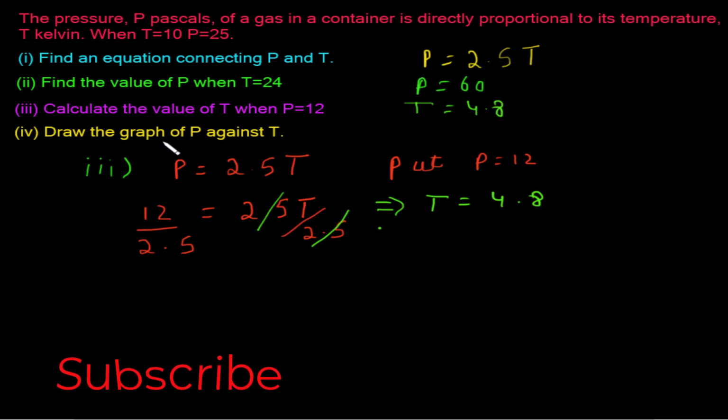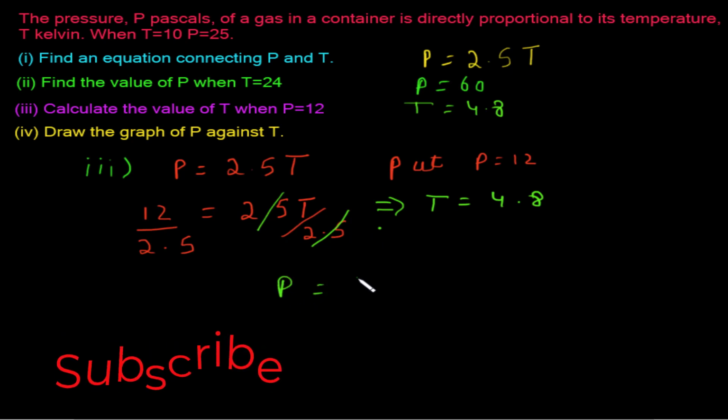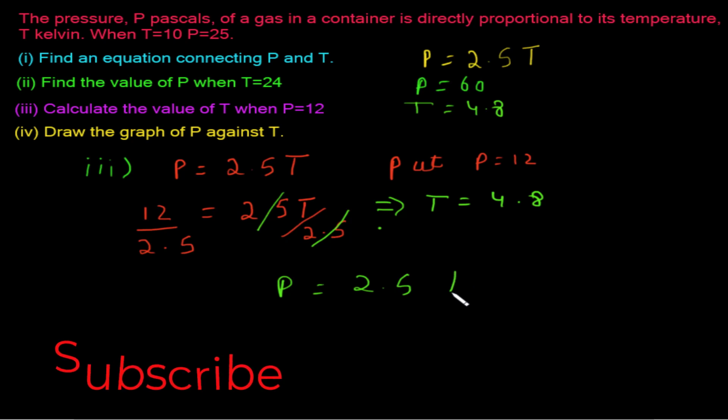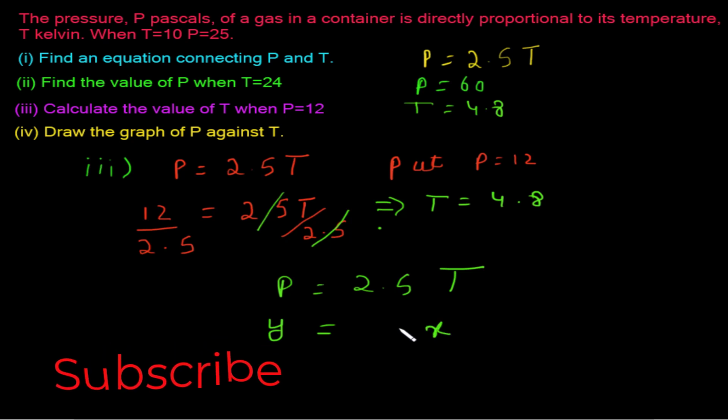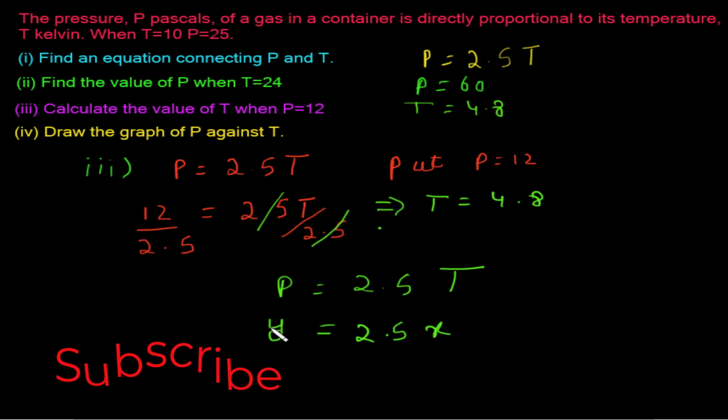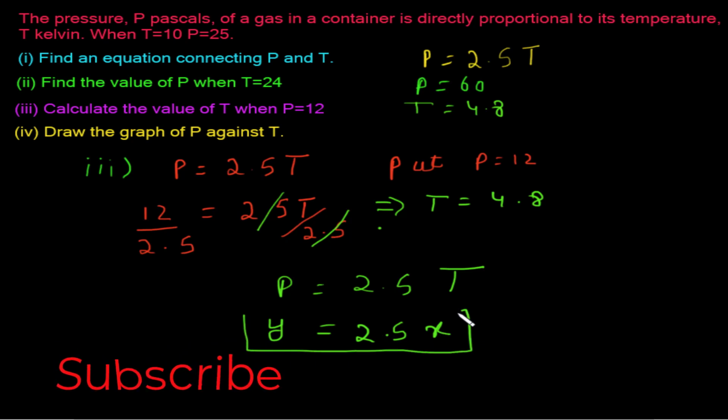Now to draw the graph of P against T, I will use this equation, that is P is equal to 2.5T. I will take P along the y-axis and T along the x-axis, so y is equal to 2.5 times x will be the equivalent equation.